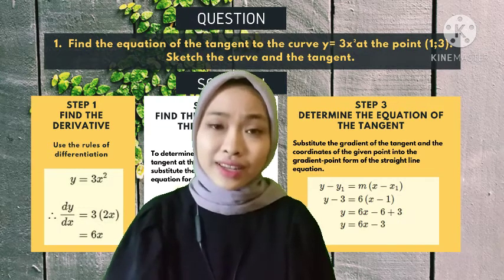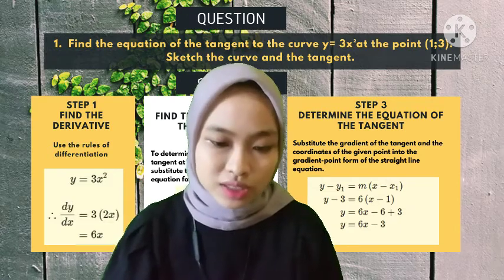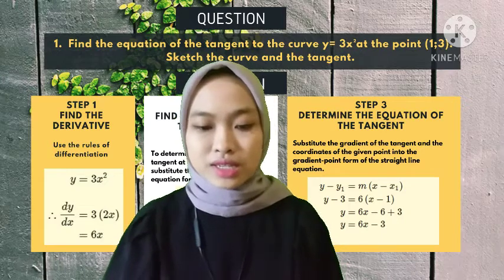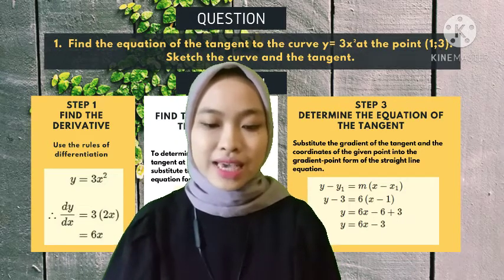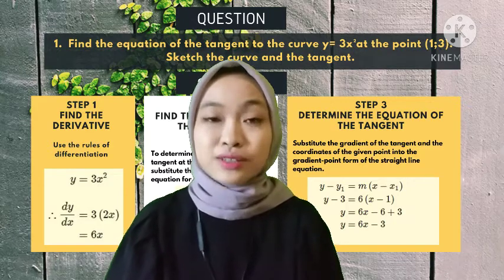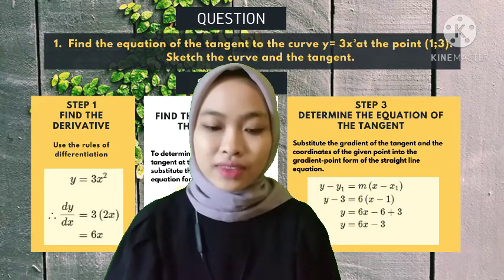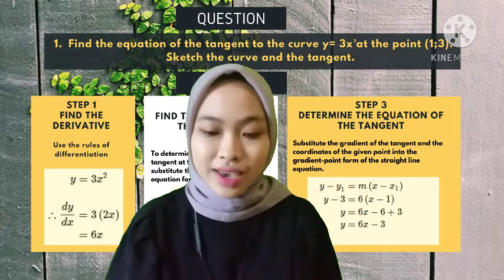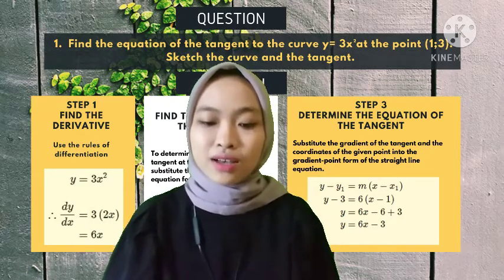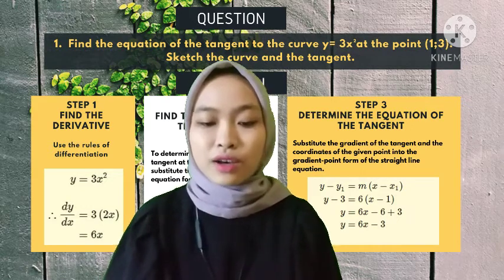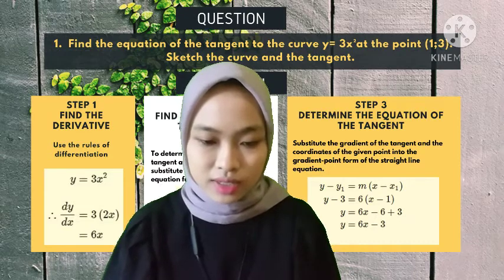So, question one: find the equation of the tangent to the curve y is equal to 3x squared at the point (1, 3), which is 1 is x and 3 is y. So you sketch the curve and the tangent.